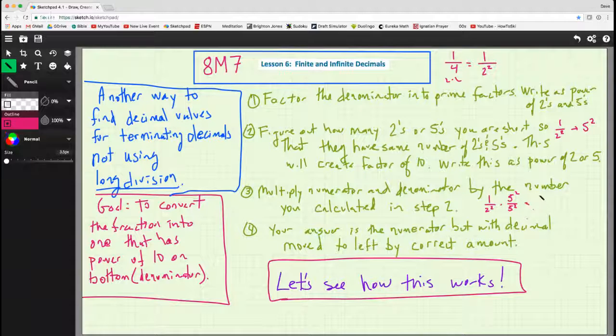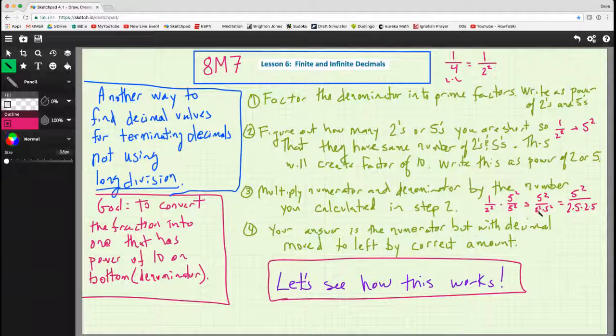And that's going to be 5 squared over 2 squared times 5 squared. And that's the same thing as 5 squared over 2 times 2 times 5 times 5. But we can rewrite that as 2 times 5 times 2 times 5, right?